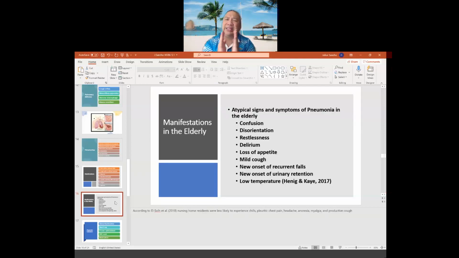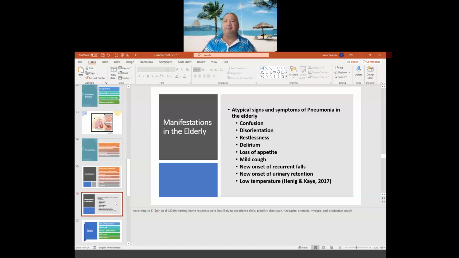So how do we identify pneumonia in the elderly? First, confusion, disorientation, restlessness, delirium. This signifies that there is a decrease of oxygenation in the brain. But sometimes, guys, you have to take into consideration that confusion, disorientation, restlessness, and delirium could also be a sign of UTI.